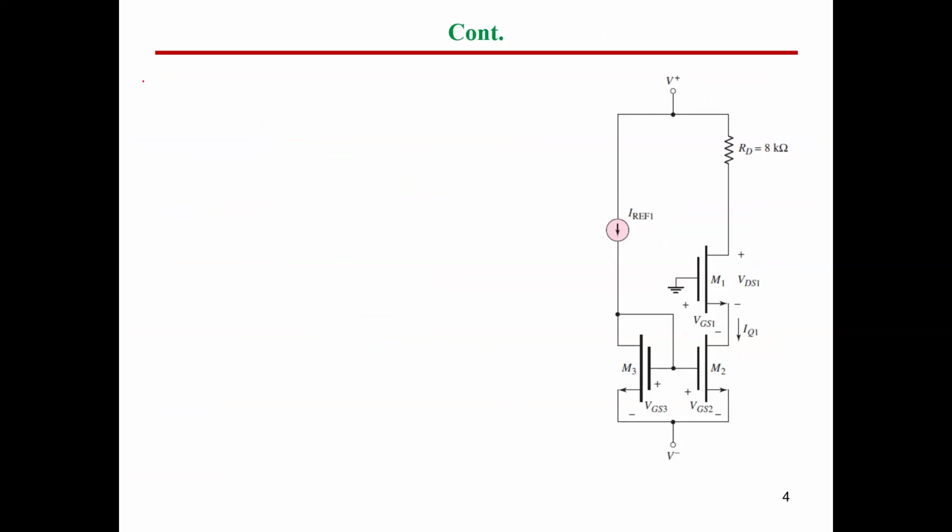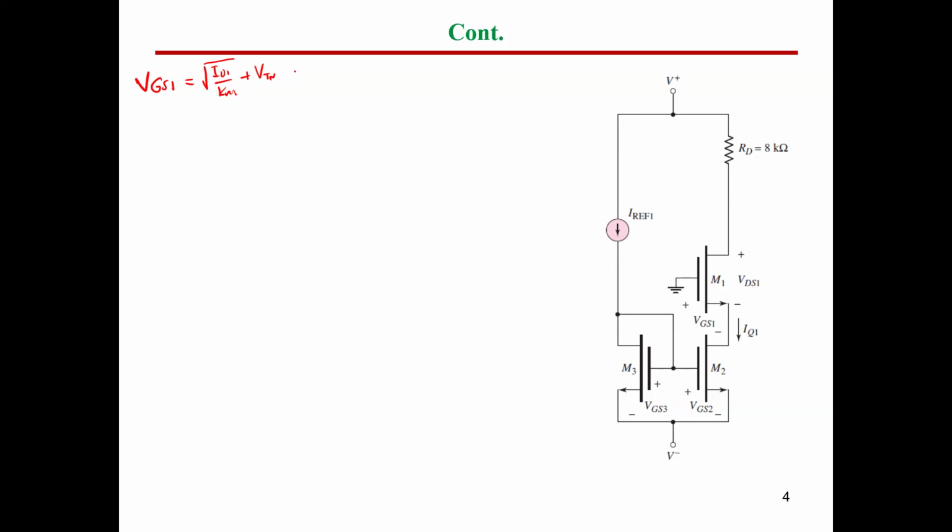So VGS1 equals, from the current relation, square root of ID1 divided by KN1, plus VTN. This is for MOSFET number 1.